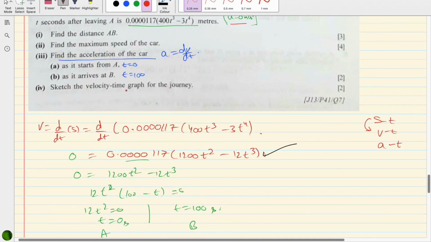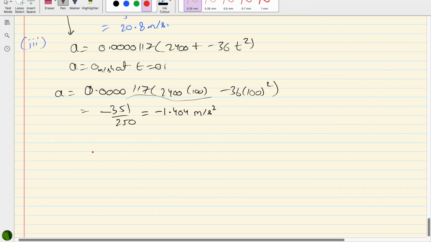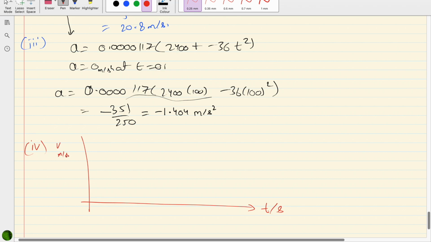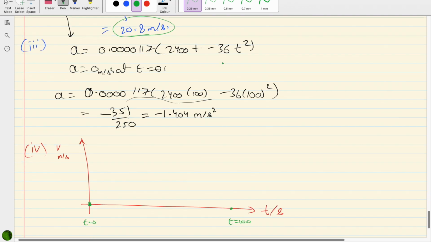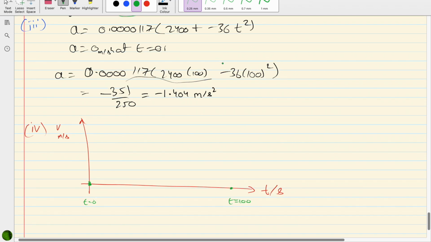Fourth part says sketch the velocity-time graph for the journey. Velocity-time graph, velocity on the y-axis in meters per second, time on the x-axis in seconds. We already know that velocity at time t equal to 0 was 0, and at time t equal to 100 is again 0. And we just did the calculation for maximum velocity, which was 20.8 at time 200 by 3, which is almost 66.7.